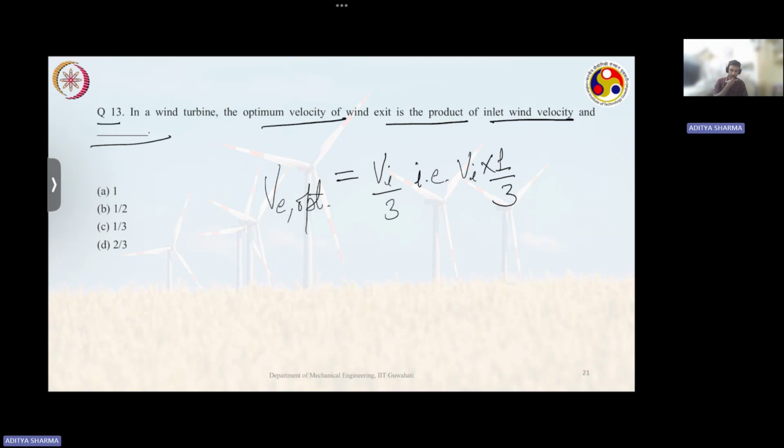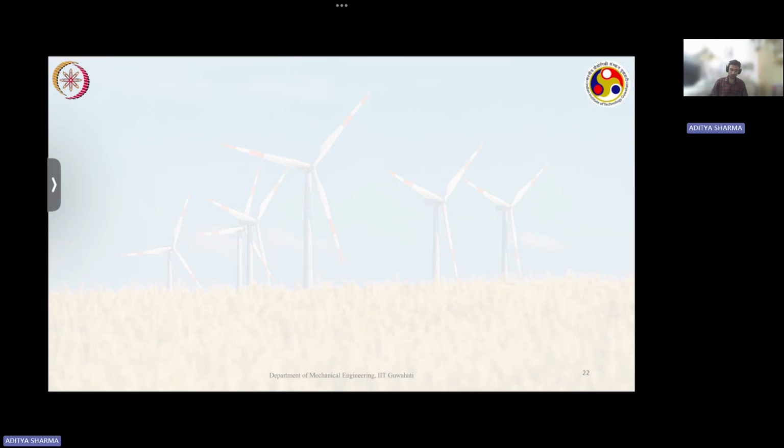So now if you see the options, C is the correct option.